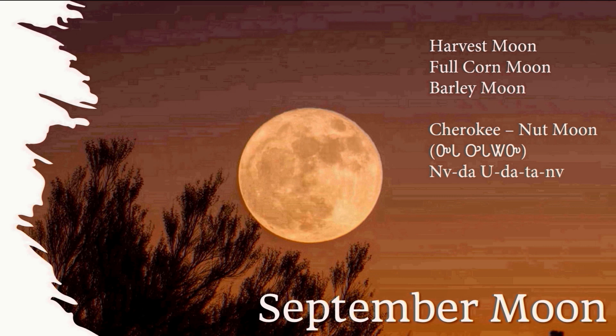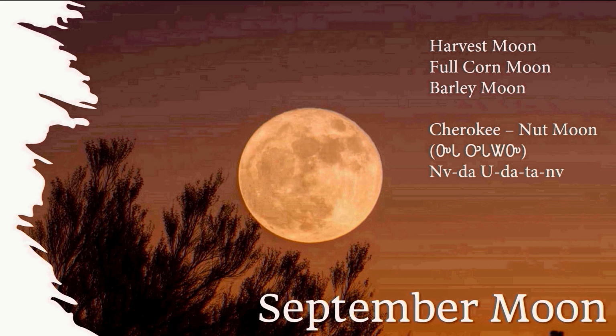However, it is in October once every 3 years. This is the only full moon name which is determined by the equinox rather than a month. This moon held special importance for the ancients since it allowed them to work their fields for a longer period of time. Other names would be the full corn moon, the barley moon.